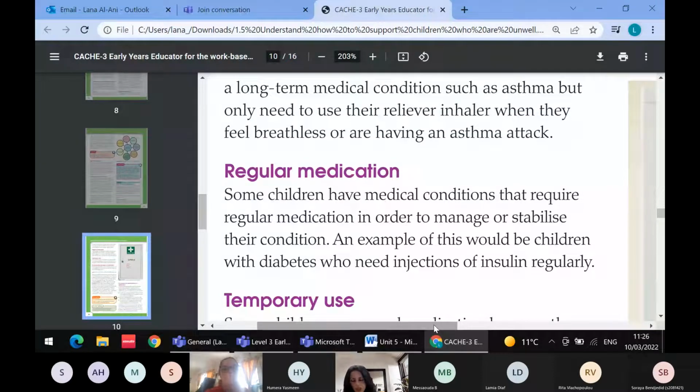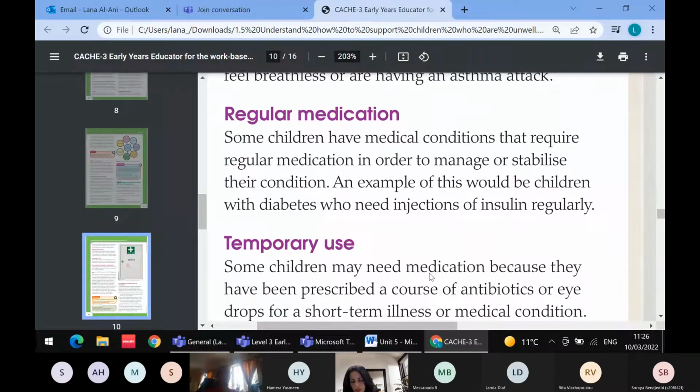If it is regular medication, we need to make sure that these medications are suitable for the child, suitable for his situation.